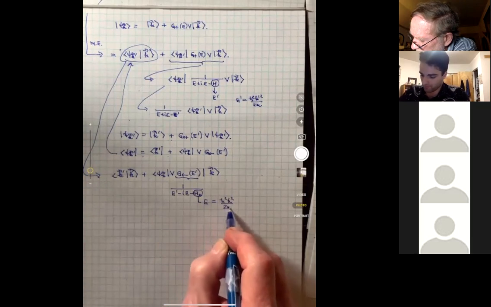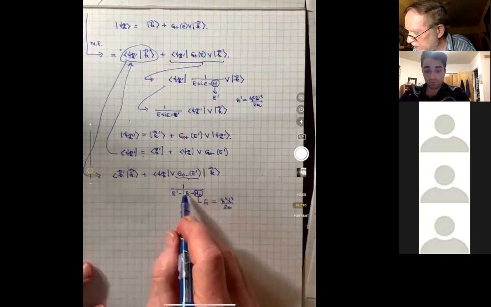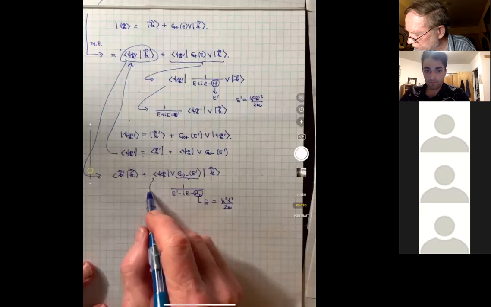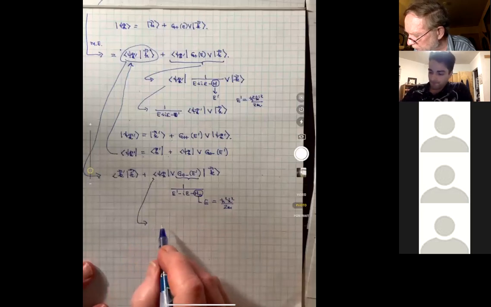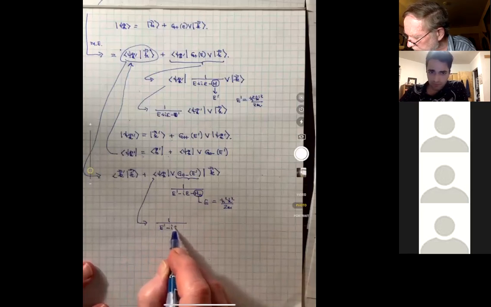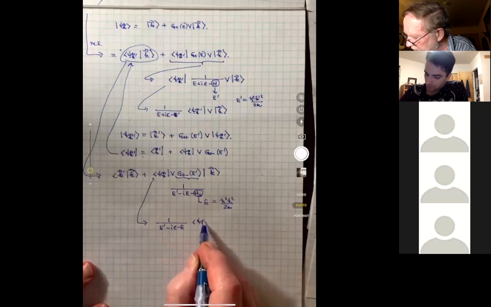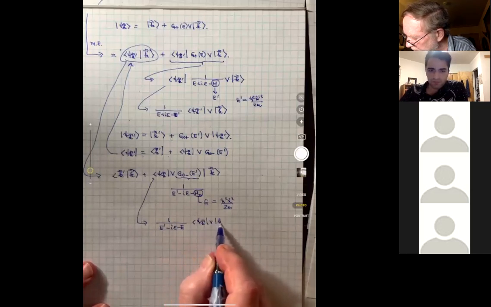It's the energy associated with this plane wave. And so what we get is a c-number that can be taken out, and this entire second term becomes 1 over E prime minus i epsilon minus E times the scalar product psi k, V k, like so.